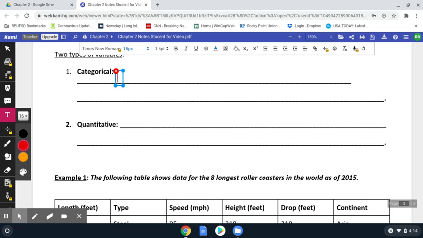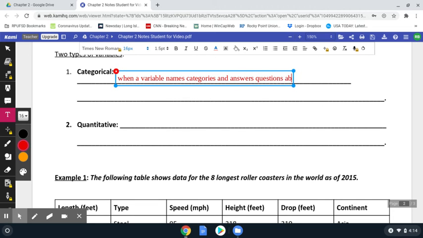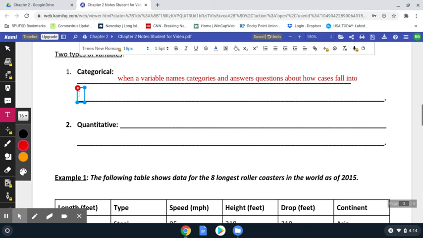So when a variable names categories and answers questions about how cases fall into those categories.